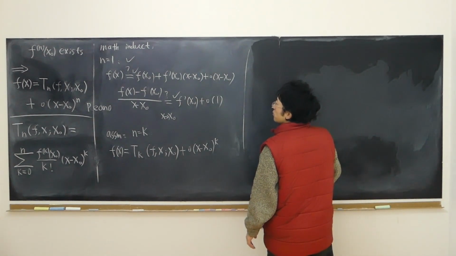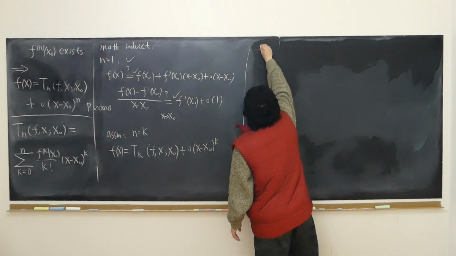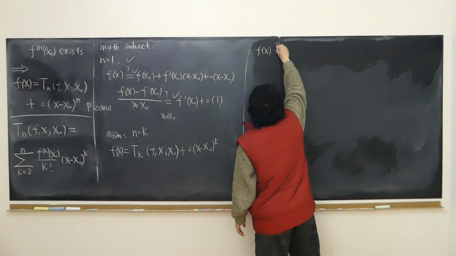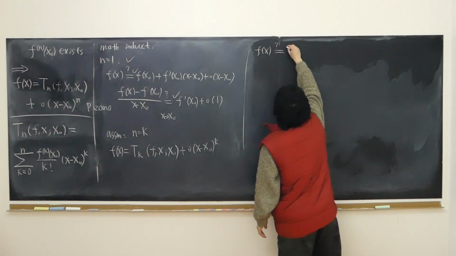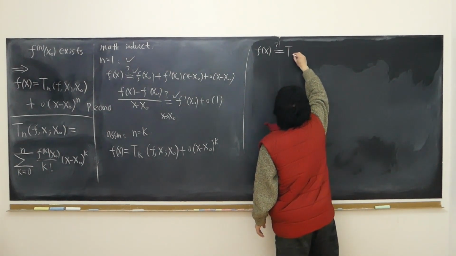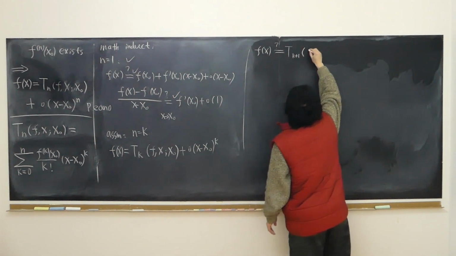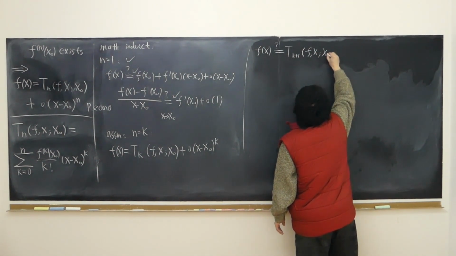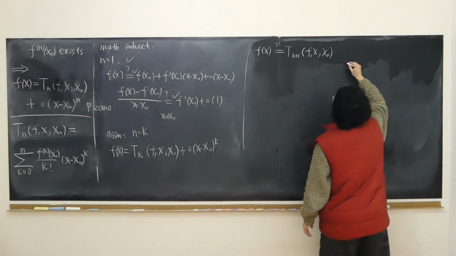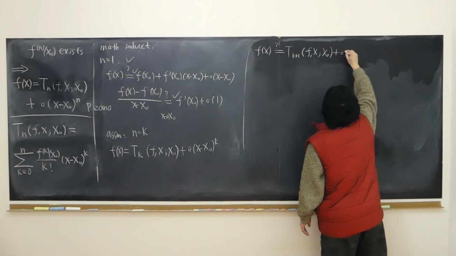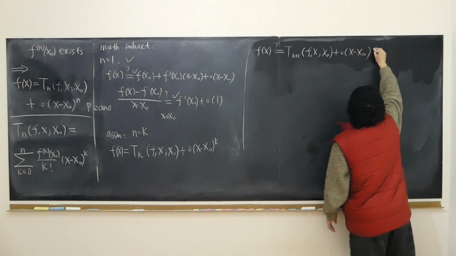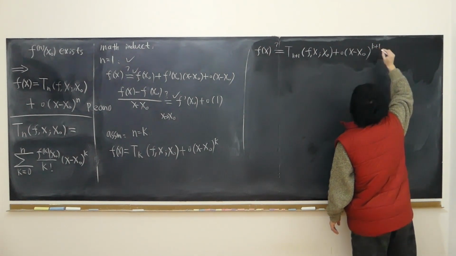So we want to prove the following: is f of x equal to the Taylor series of degree k plus 1 of f at x0 plus little o of (x minus x0) to the power of k plus 1?